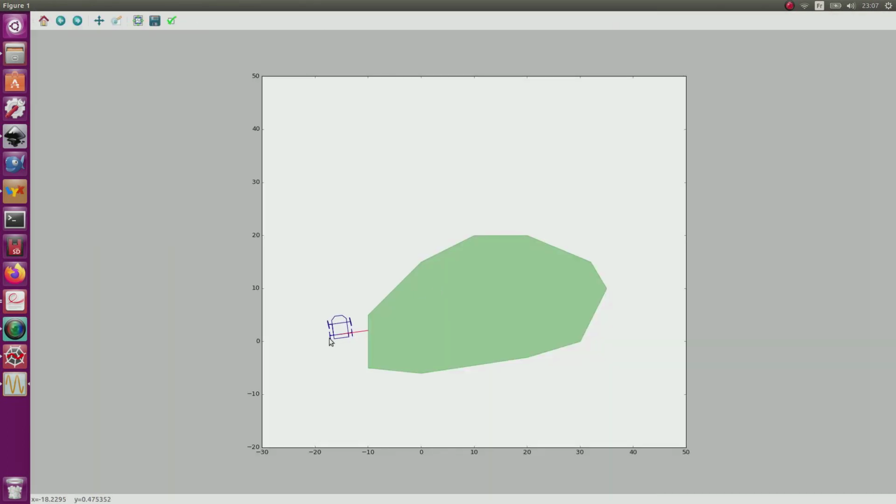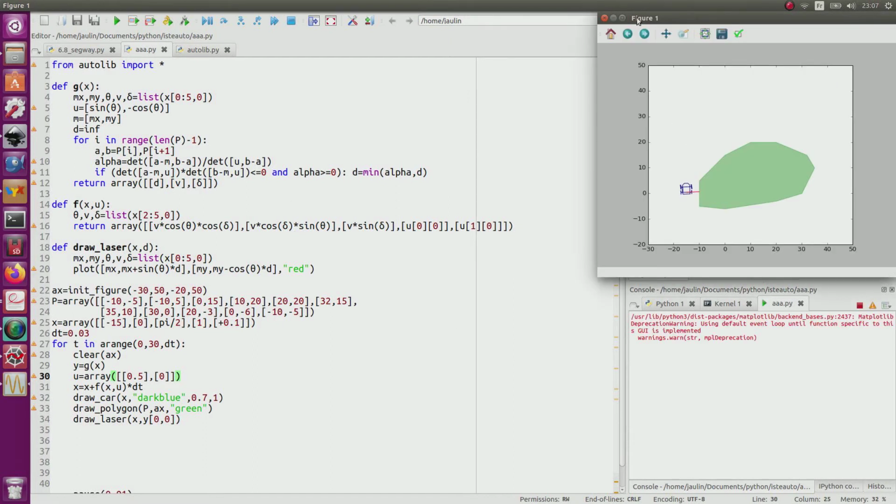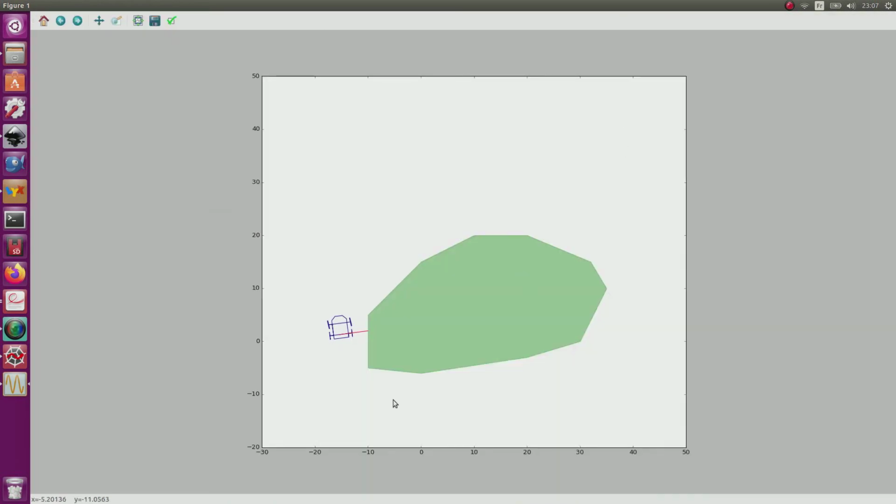So I turn a little bit more. My acceleration, and it's not enough, so I will take something larger, 30 in my loop. So I turn left, and then I will see here that the distance corresponds to infinity, and the laser is not represented anymore.